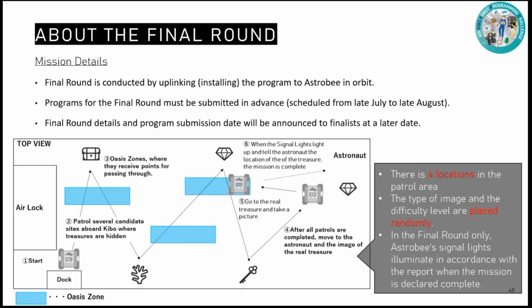The details and the program submission dates will be announced to finalists at a later date, but the program has to be submitted in advance, before the final round event. For now, we are expecting late July to late August for the final round program submission. So it will be in summer.